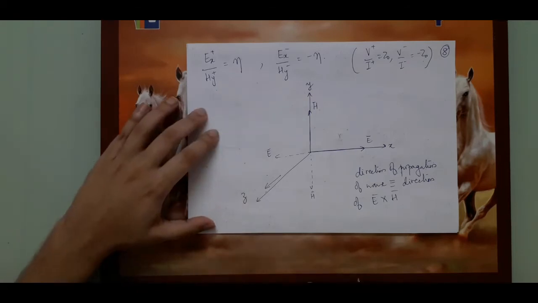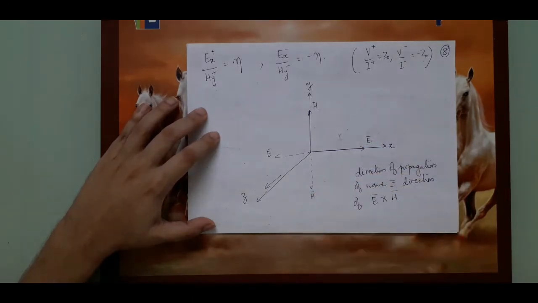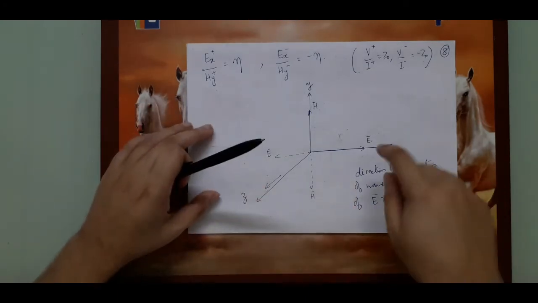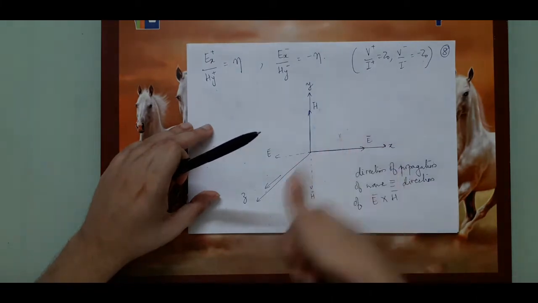Now it may so happen that at one point E may be positive and H may be negative. So in that case, let us look at that. If E is positive and H is negative, if I curl my fingers this way, my thumb is pointing into the paper.